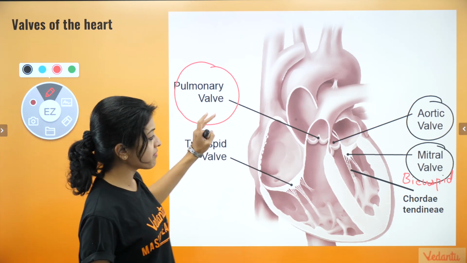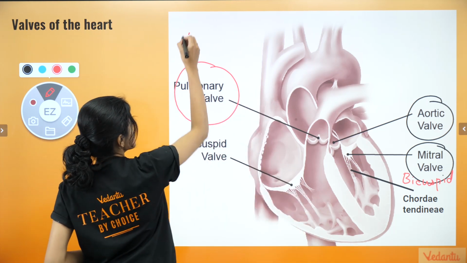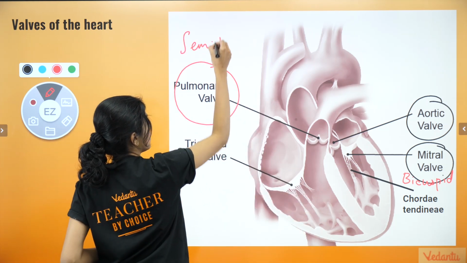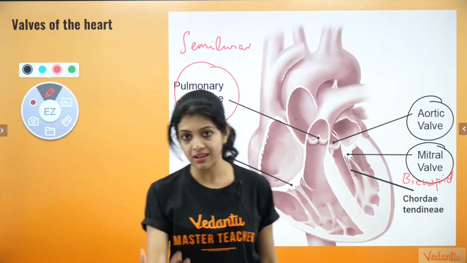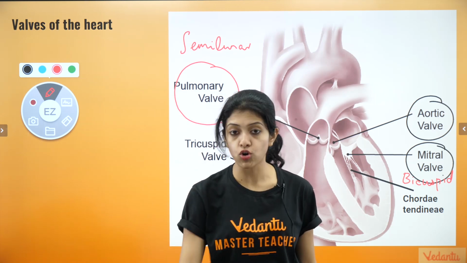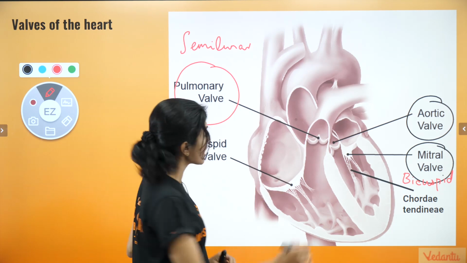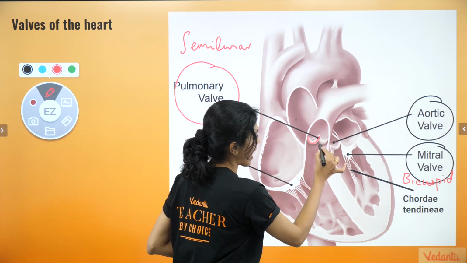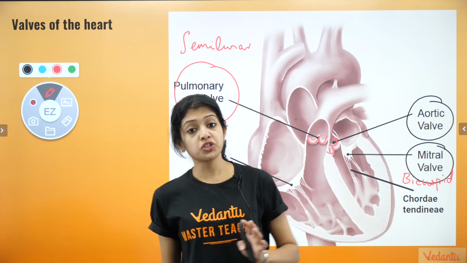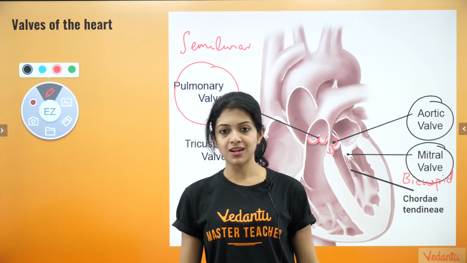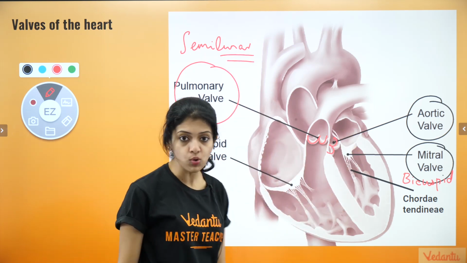Now, the pulmonary valve and the aortic valve are described as semi-lunar. So, they are also called semi-lunar pulmonary valve and semi-lunar aortic valve. Why do you think so? Well, it's just got something to do with the appearance. If you can see, both of them have this shape, related to the shape of the moon that you know about. Lunar is anything to do with the moon. Right?